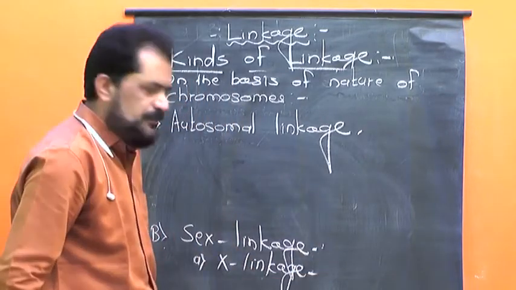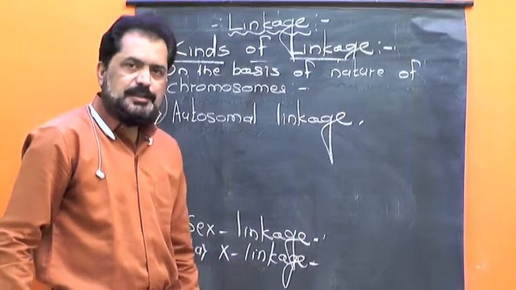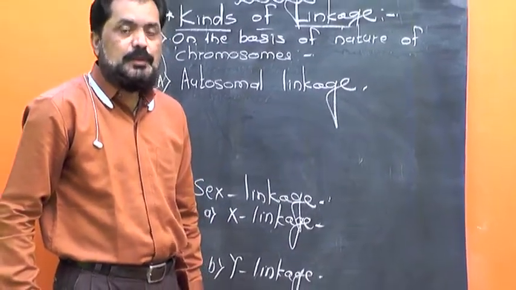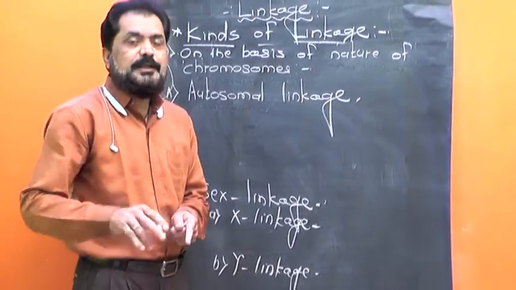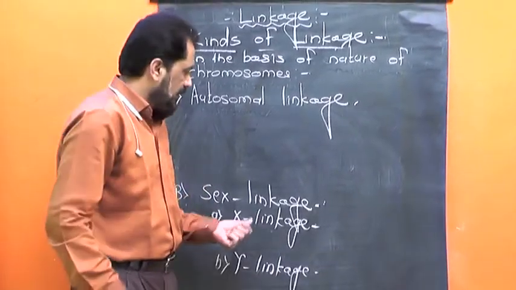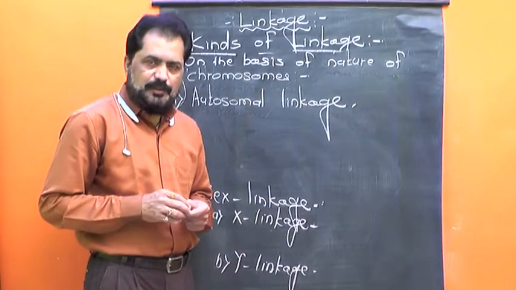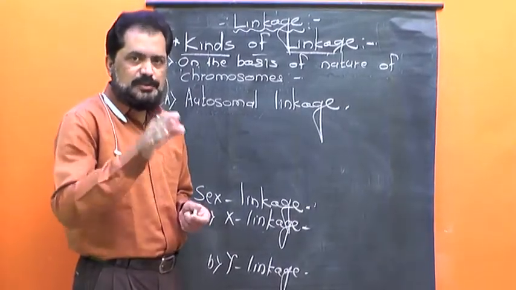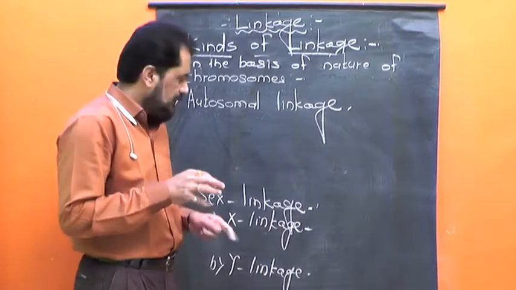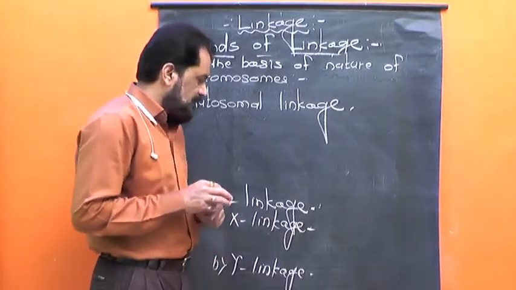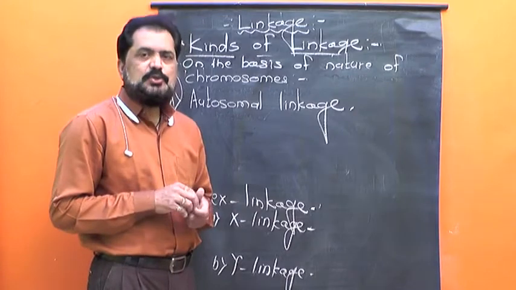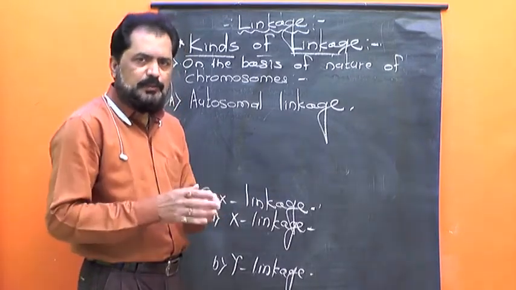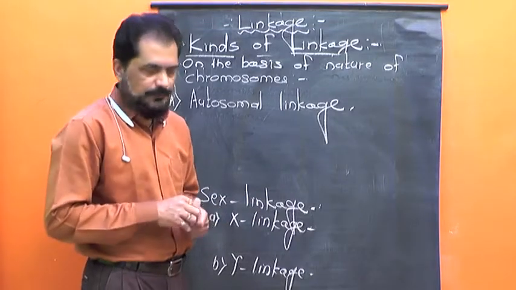X linkage means it is the tendency of genes present on the X chromosome to remain together and inherit together. Y linkage means it is the tendency shown by the genes present on Y chromosome to remain together and inherit together.